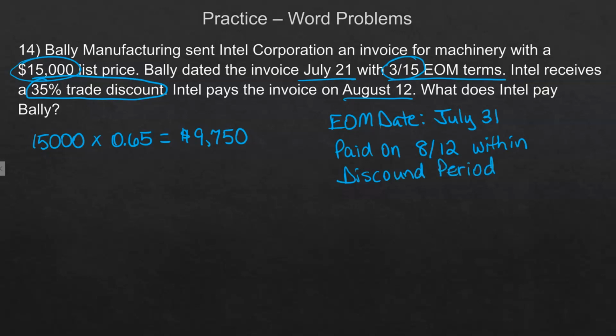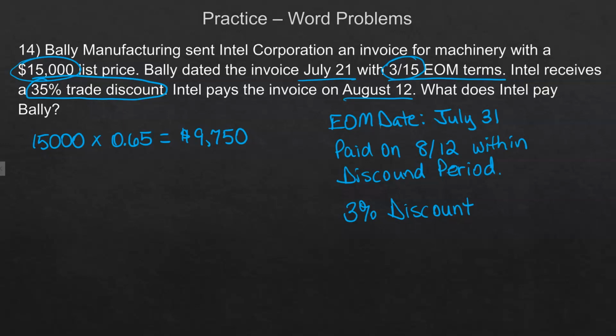And I'm just writing this out to try to help explain it. So we get a 3% discount. Now that's a cash discount for paying early, right? Or paying quickly. I guess they didn't really pay early, but they paid quickly.